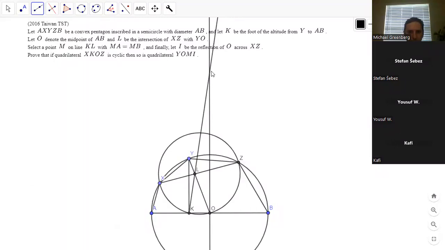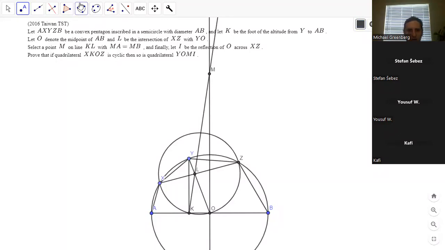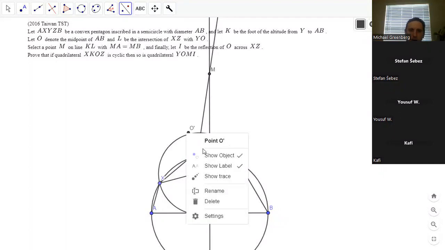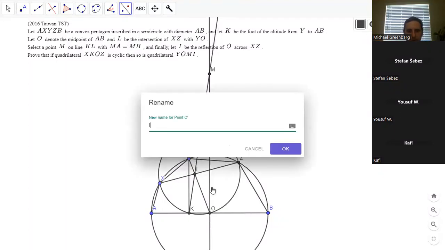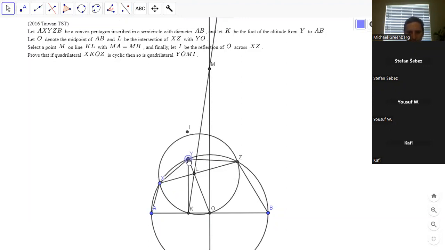So this is M. And then we reflect O across XZ. Then we get I. Let me make I a little bit farther away. Circle that. And we want to show YOMI is cyclic.